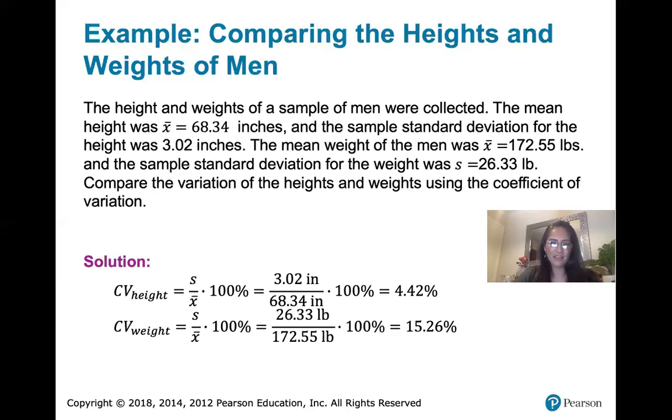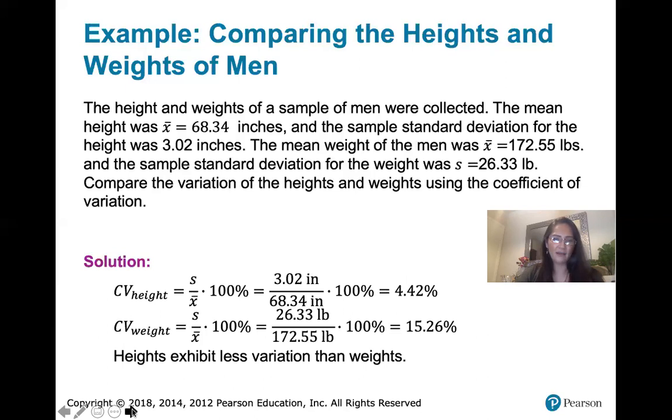The coefficient of variation says heights vary by about 4.4% relative to that sample mean, while the weights vary by about 15% relative to that sample mean of the weights. So we'll say that weight varies more than height, or that heights vary less than weights.